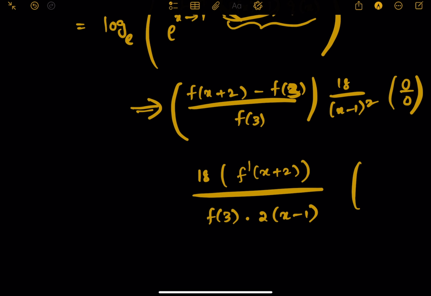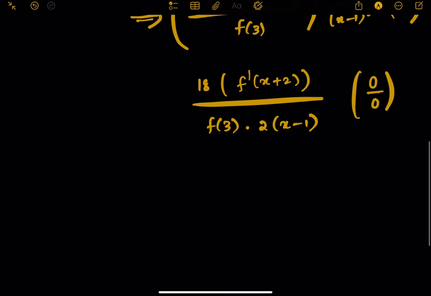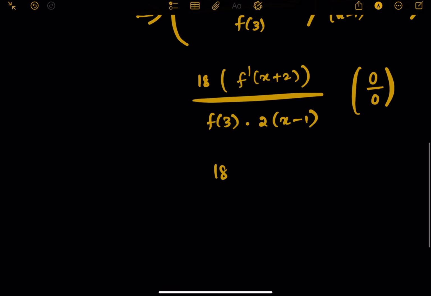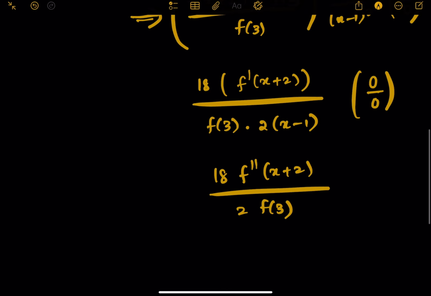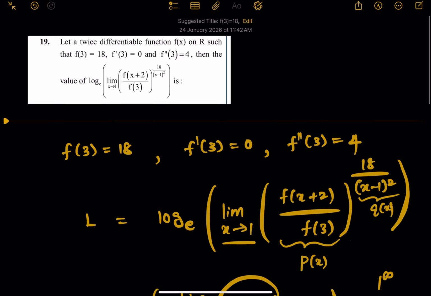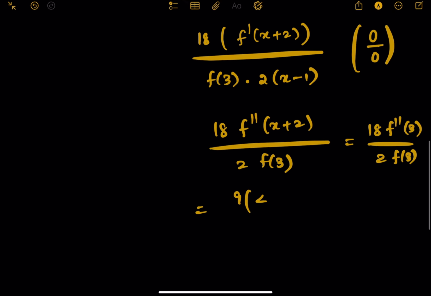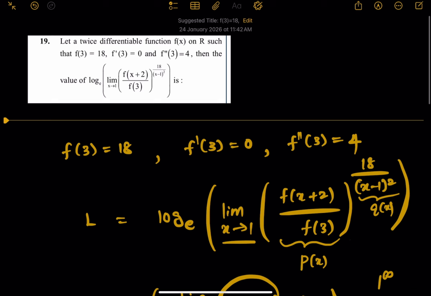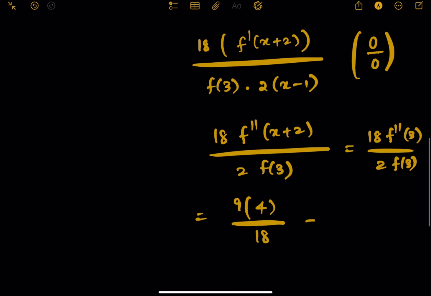Now if you put x = 1, still you will have a 0 by 0 form. So differentiating further, you will have 18 f''(x + 2) divided by 2 times f(3). Now if you put x = 1, this is simply 18 f''(3) by 2 f(3). That is simply 9 multiplied by f''(3), which is 4 as given in the question, divided by f(3), which is 18. So this will give us 2.